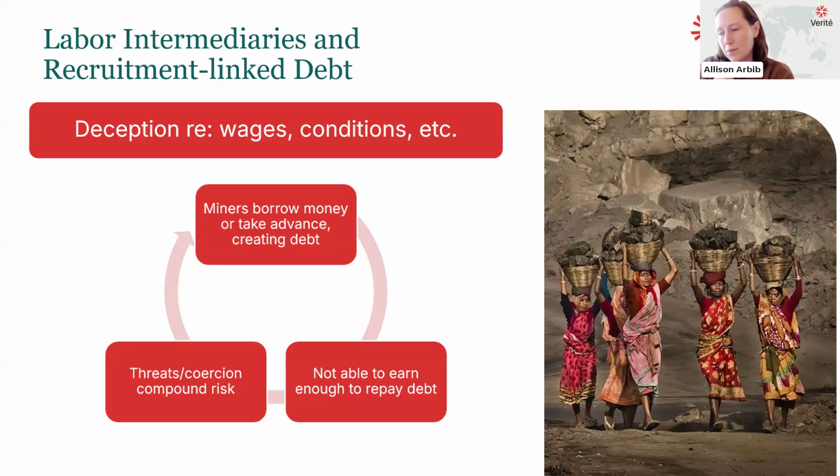And this really leaves people in a place where they're never going to be able to earn enough cash to fully pay off these debts. So they continue taking on loans for living expenses. And then they're just compelled to keep working continuously.